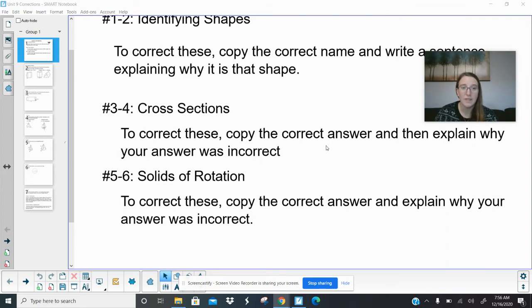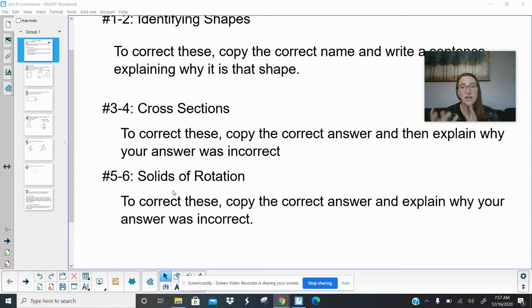Copy the correct answer and then try to explain either why what you put was incorrect, or why the correct answer is correct. So for example, for 5 through 6, the answers had to be either cone, cylinder, or sphere, because we're rotating, so we create rounded objects.